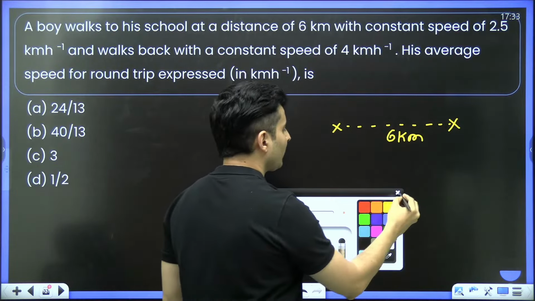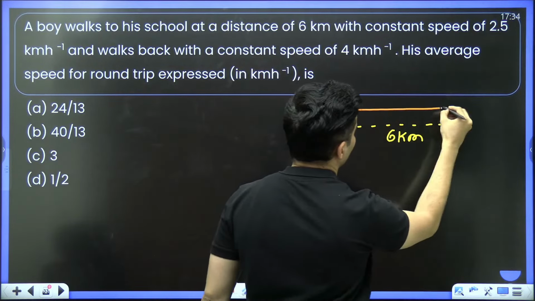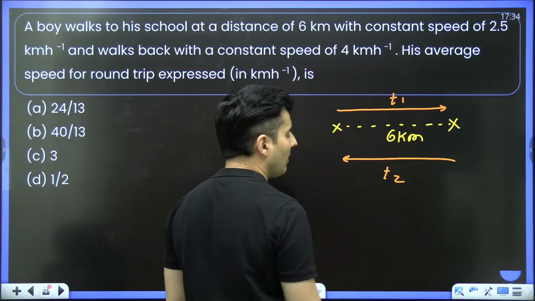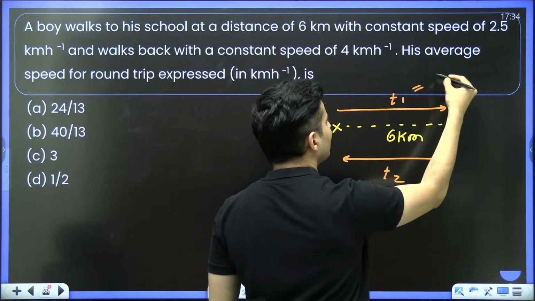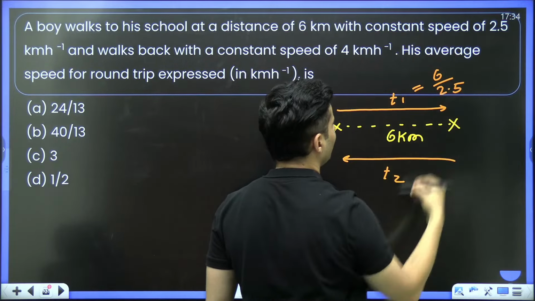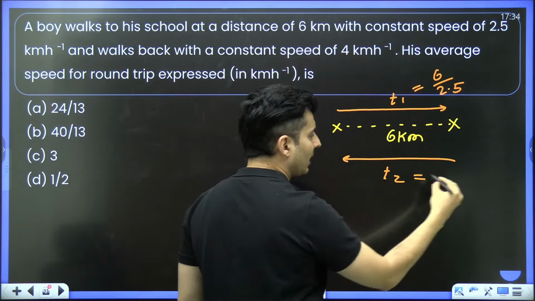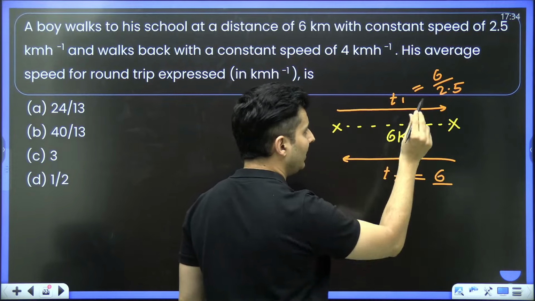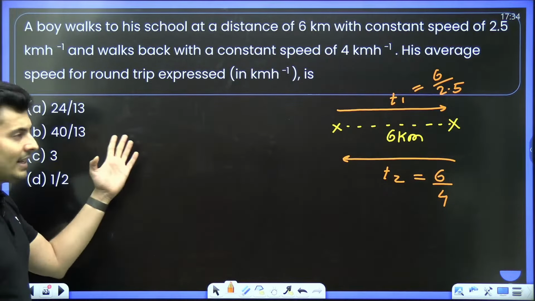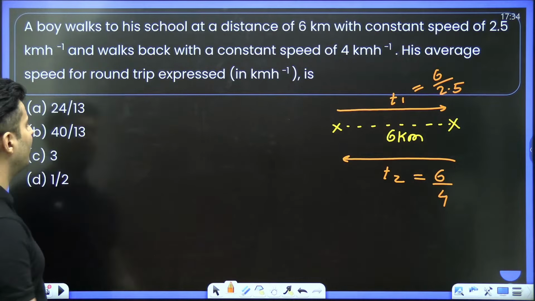So let's say he takes time t1 to go here, and time t2 to come back. T1, time is distance divided by speed, which is 2.5. Time for coming back is distance divided by speed, in this case it is 4. Now let's think about what is the total average speed.